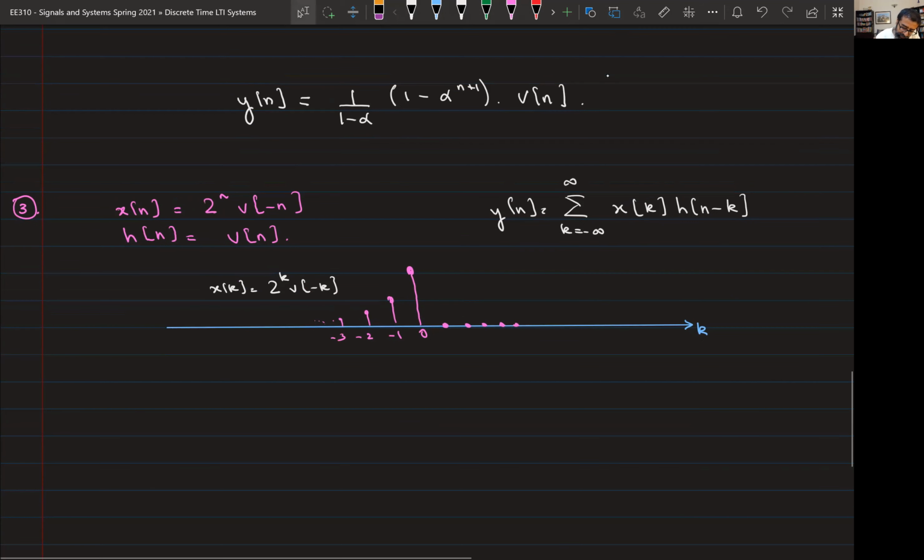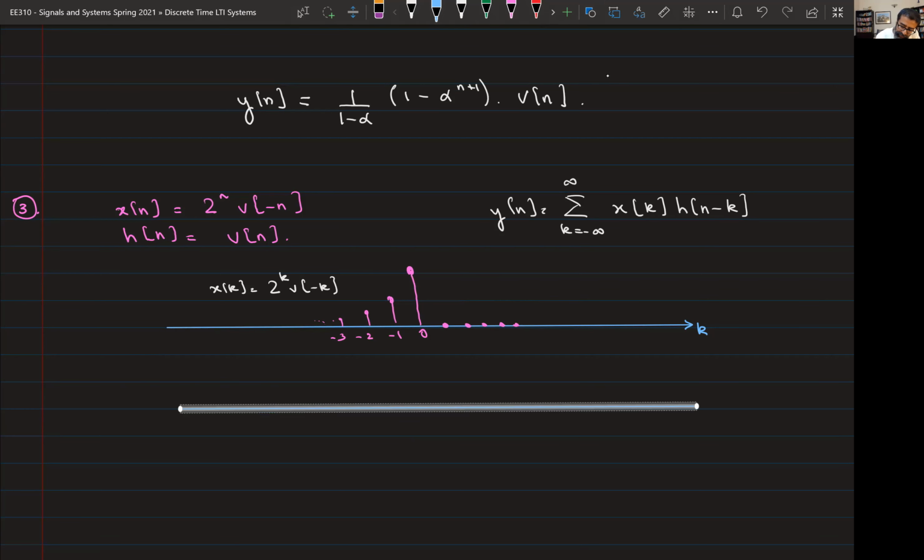What about h of n minus k? So h of n minus k, once again, is going to be two cases. Let's consider the first case.